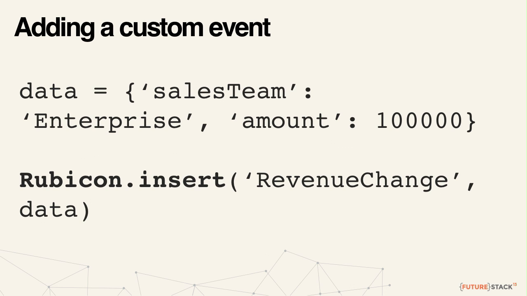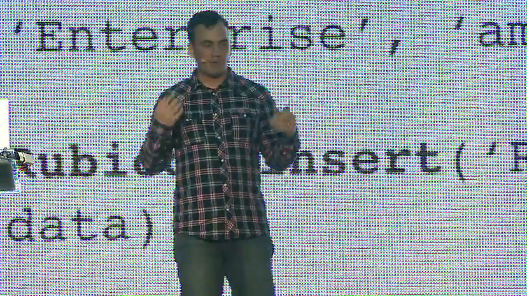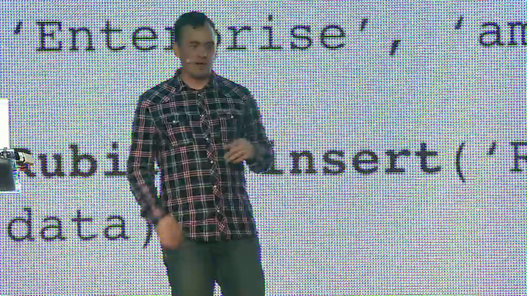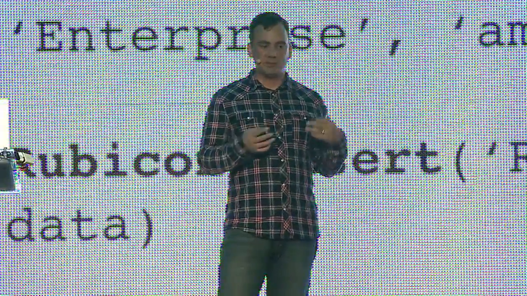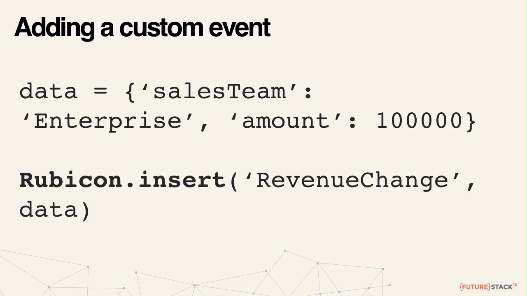So we named it revenue change. And you can just pass in a hash of arbitrary key values for anything you want. In this example, we're marking the sales team as the enterprise sales team and putting the amount at 100,000. And that's all you need to do to record an event in Rubicon.